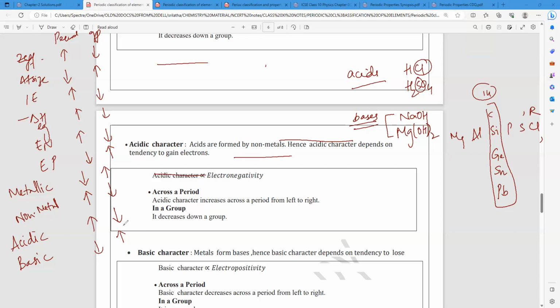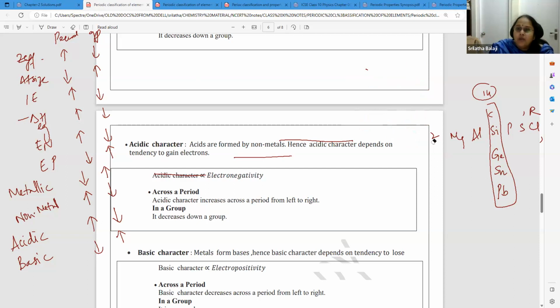Z effective. Exactly. That's why yesterday I was emphasizing so much. If you're thorough with Z effective, you are thorough with the periodic table chapter, periodic properties.